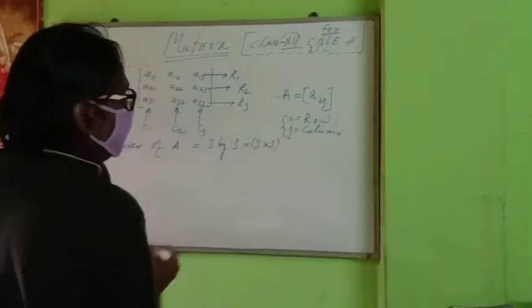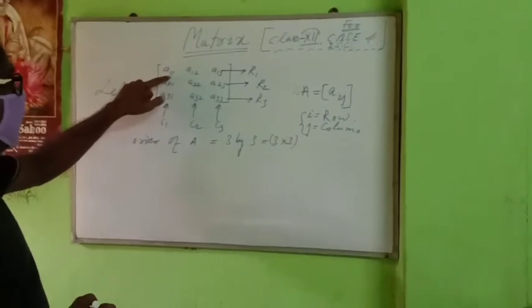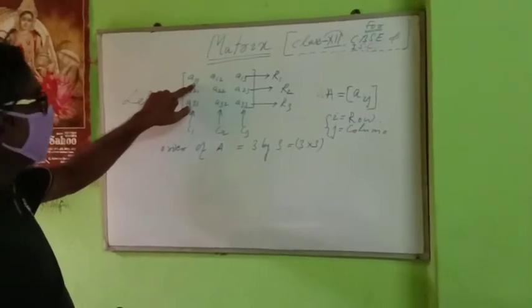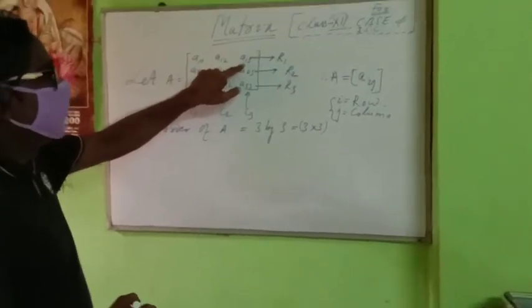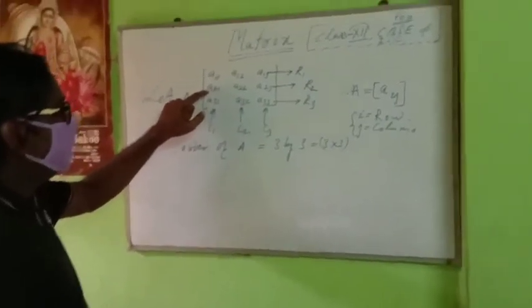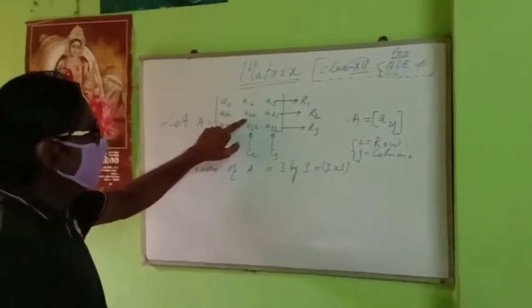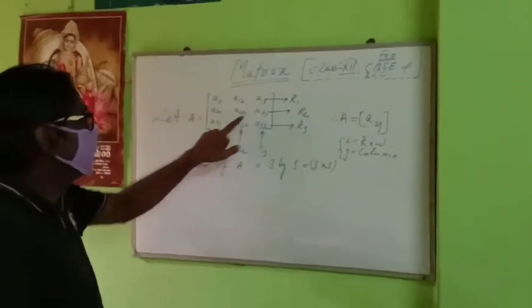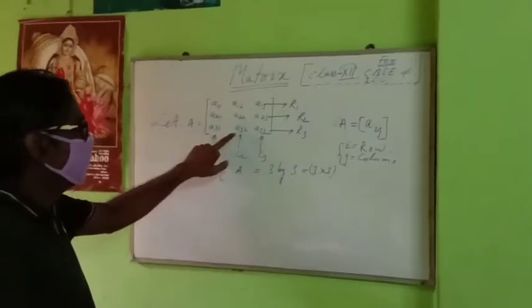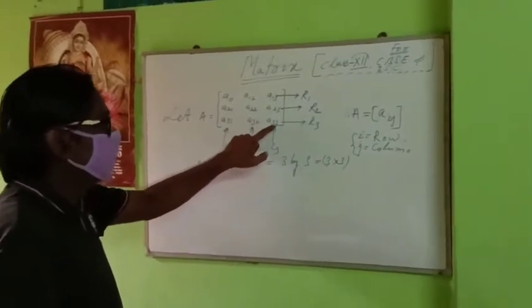From this matrix we see a11 means first row, first column; first row, second column; first row, third column. This is the element present in second row but first column. Second row, second column. This element belongs to second row, third column. Same process: third row, first column; third row, second column. This element is present in third row, third column.